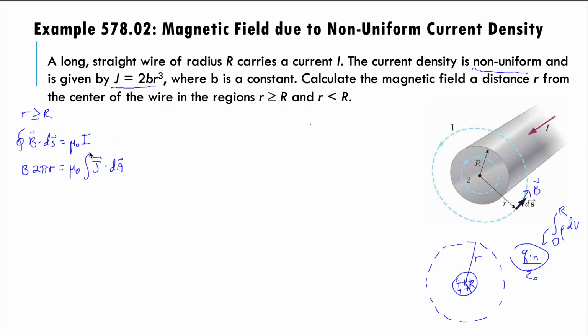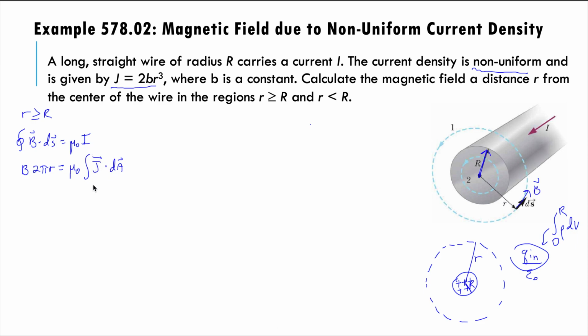Same thing here. When we're trying to find the total current enclosed in this Amperean loop, we're going to integrate from 0 to capital R because that's how big the wire is. So we're going to go from 0 to R.